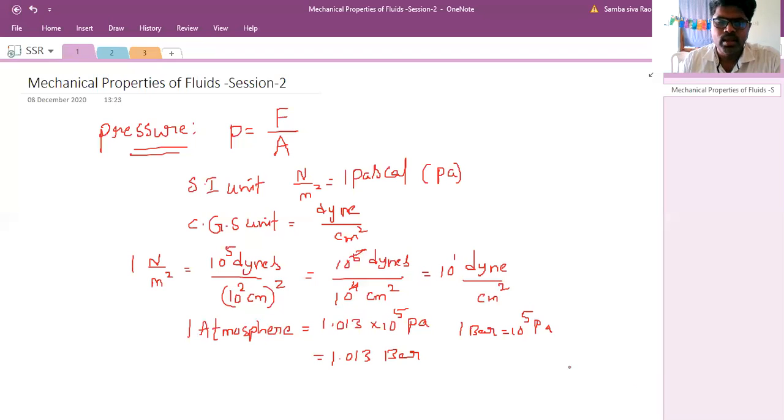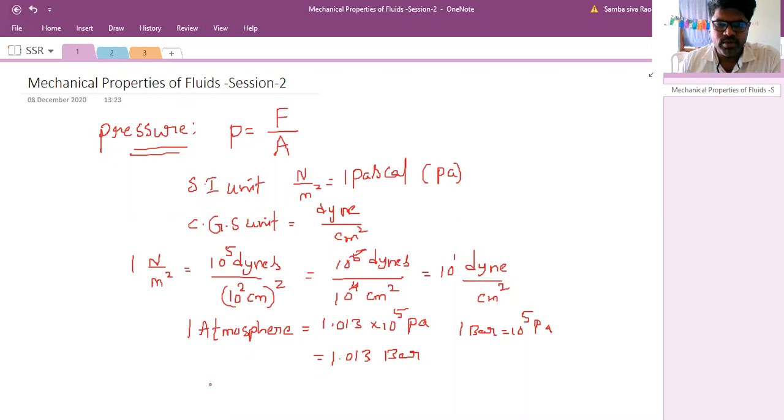So this is another unit to express the pressure of a fluid, whether a liquid or a gas. Or by using the mercury level you can also express the pressure value, which we can see later when we study the variation of pressure with height. So this is about the units.